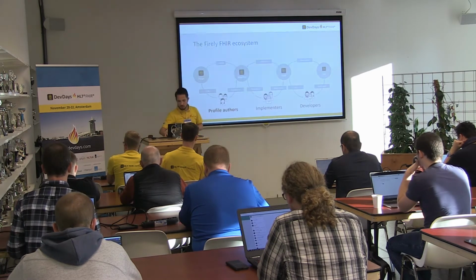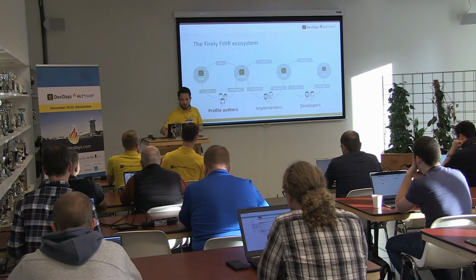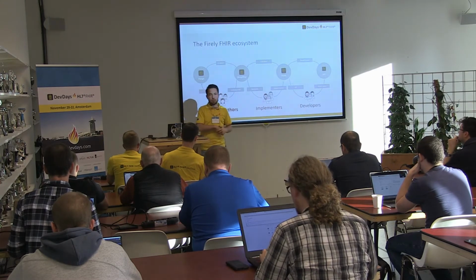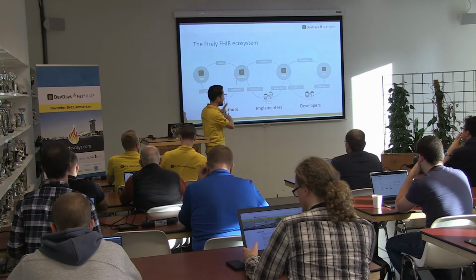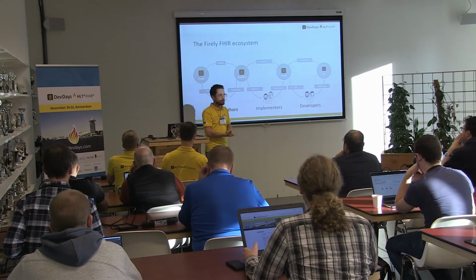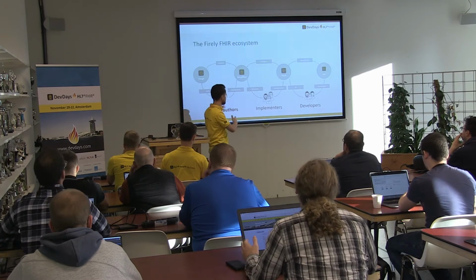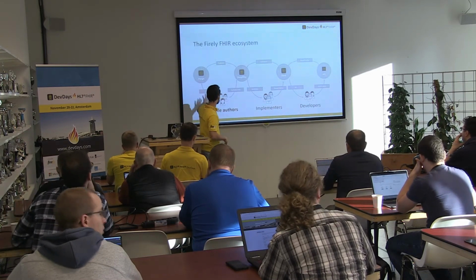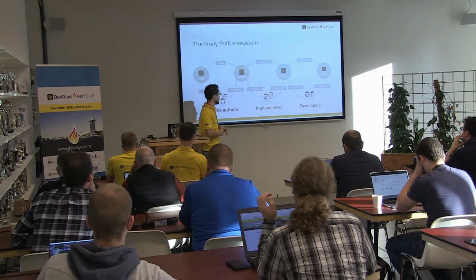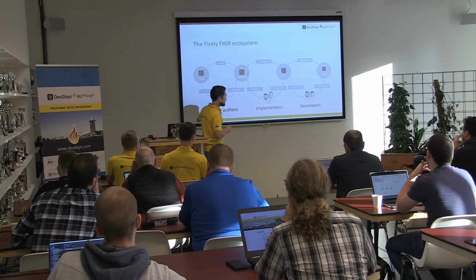Good, so then I'll start in the meantime with a short introduction just about what Forge is and to get you started on the interface. So this is the FHIR ecosystem of the tools that we have, and we'll be focusing today on the left part. Here you have the profile authors who are building their profiles with Forge, what this session is about. Forge is a desktop application.